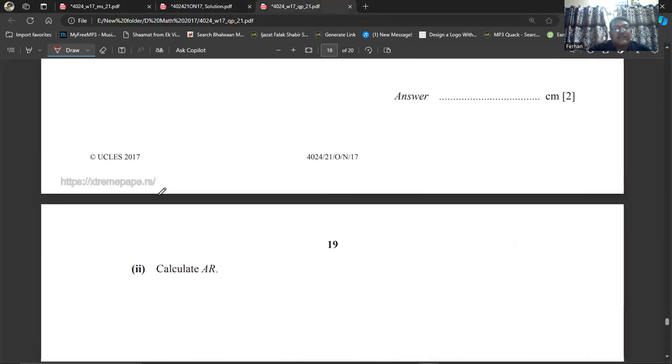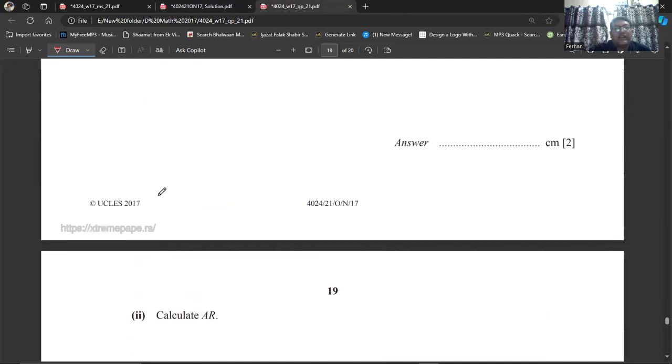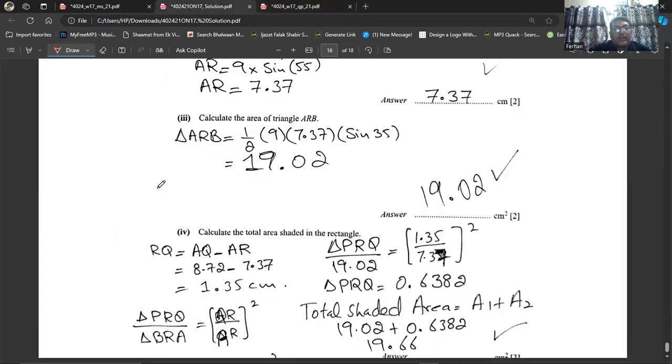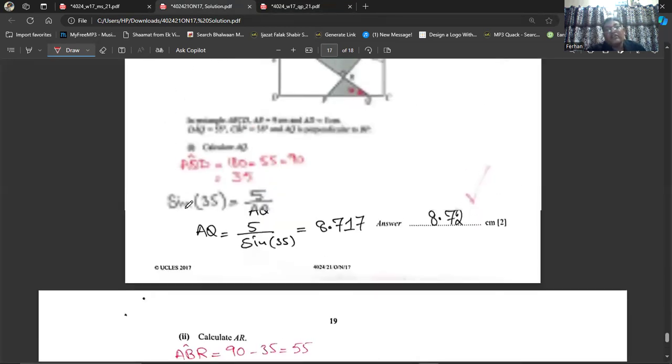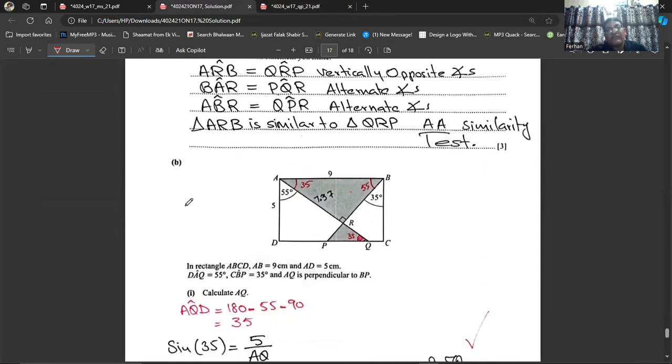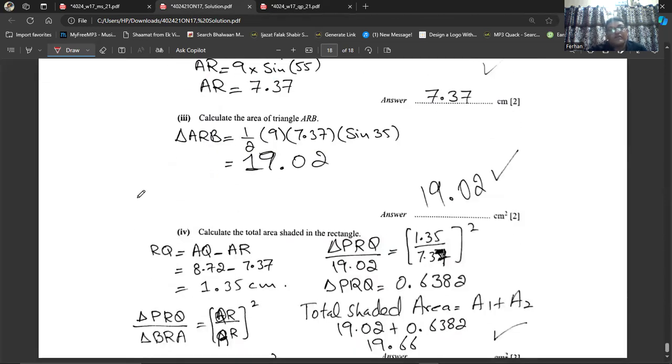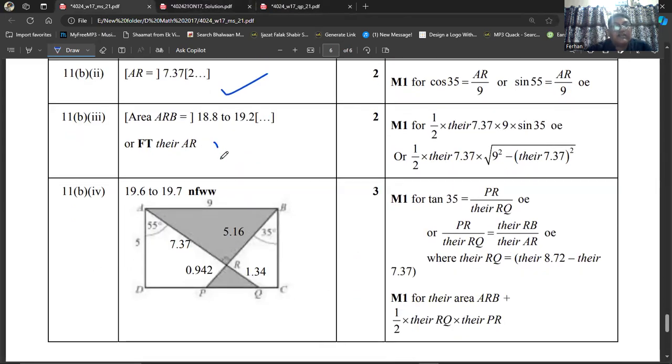Then they ask us to calculate the area of the triangle ARB. If you want to find the area of the triangle ARB, that will be 1 by 2 into 9 into 7.37 into sine of 35. So that will be 19.02. 19.02 is the right answer, sir.